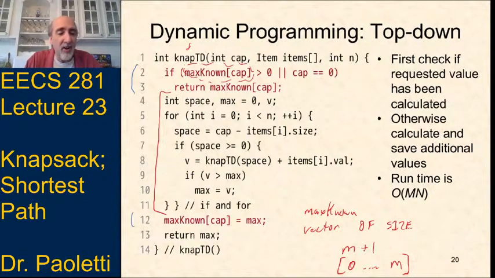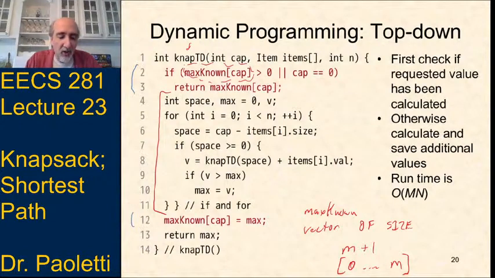Remember that Professor Darden said last time that often doing the top-down recursive is just a matter of taking the recursive and adding a little bit of code at the beginning to look for a value if we know it, and adding a little bit of code at the end to remember a value. So those are the changes we had to make for this to work.